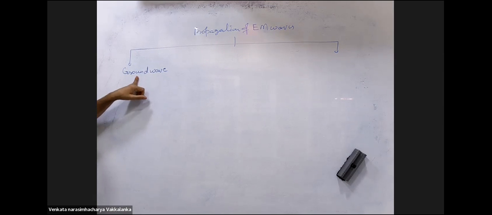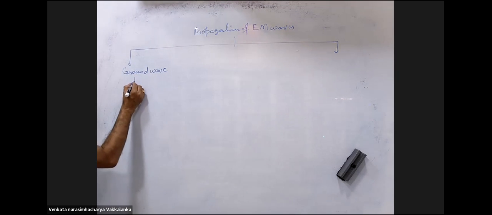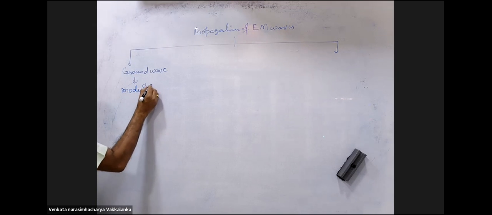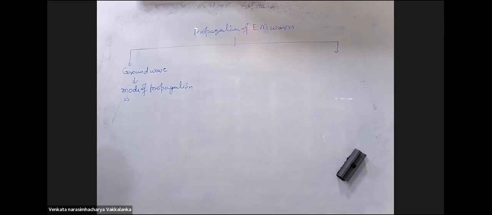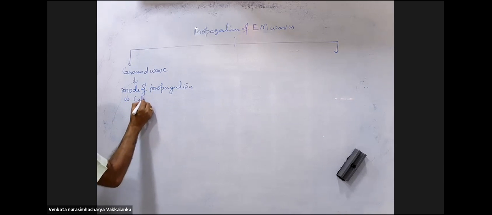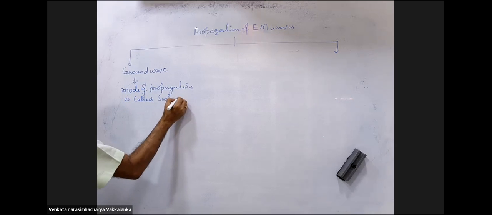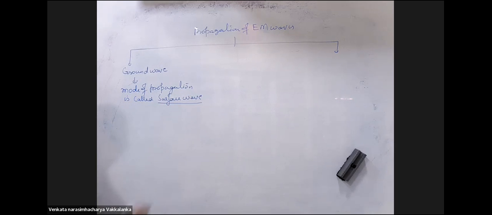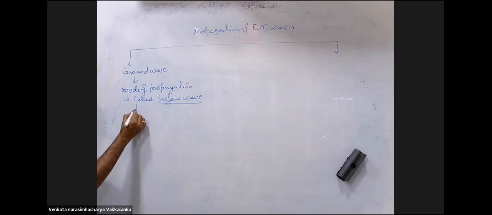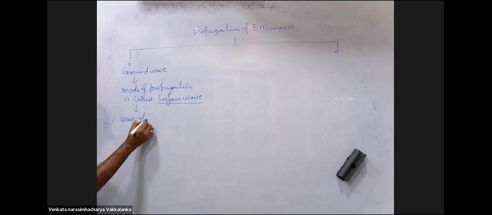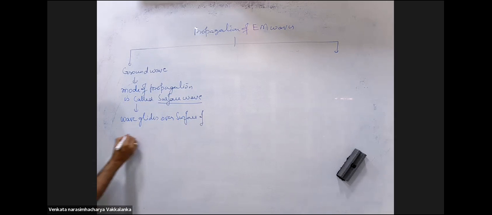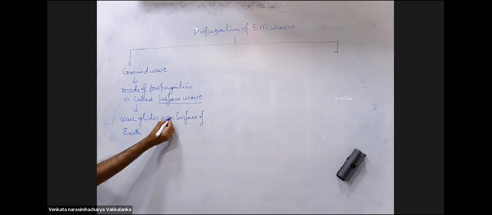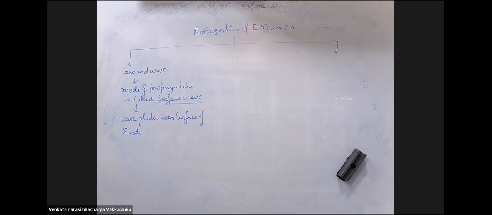The mode of propagation is called surface wave. What do you mean by surface wave? The wave glides over the surface of Earth. This is called a surface wave.